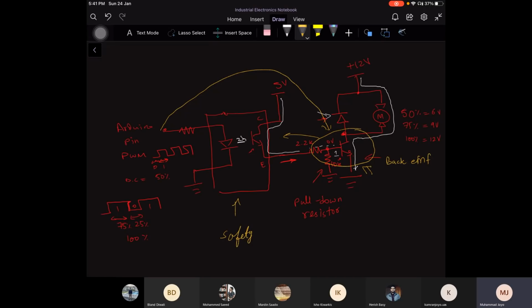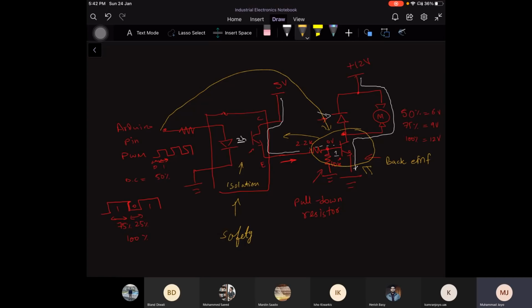How is it providing the safety? The reason is this isolation. Even if there is a back EMF from the motor, it may burn this transistor, it may burn this optocoupler, but it cannot go back towards the Arduino, or PWM generating equipment.